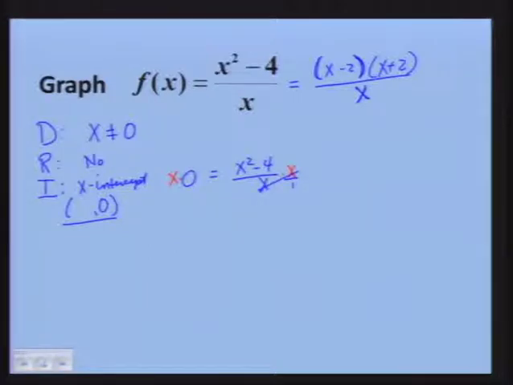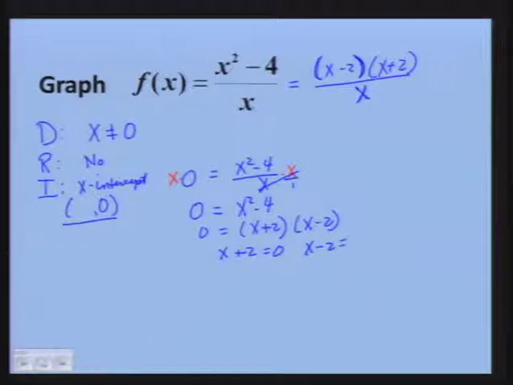So the x is reduced, and I have 0 equals x squared minus 4, but x squared minus 4 can be factored into x plus 2 times x minus 2. Then let each factor with an x equal 0, and we'll find a couple of x's. So x equals negative 2 or x equals positive 2. So there are our x-intercepts. So we'll be graphing negative 2, 0, and 2, 0.